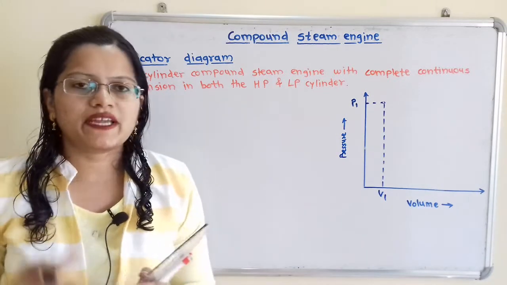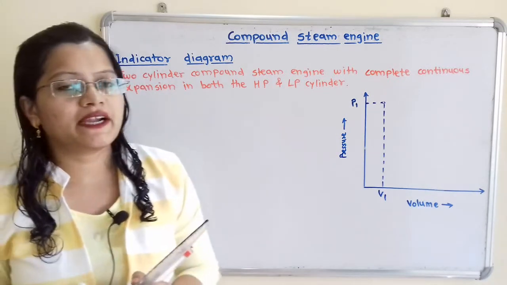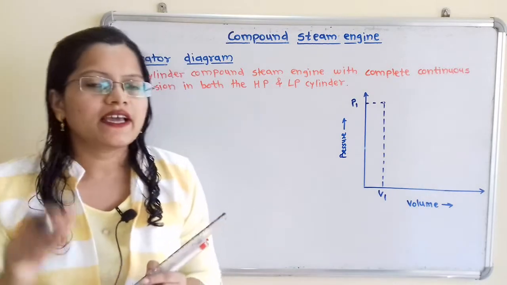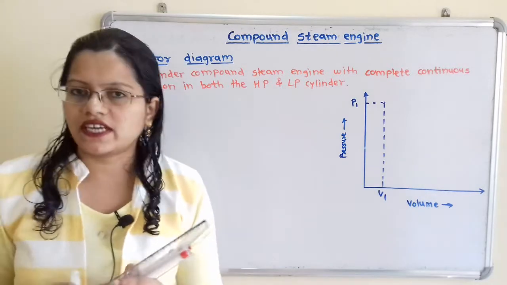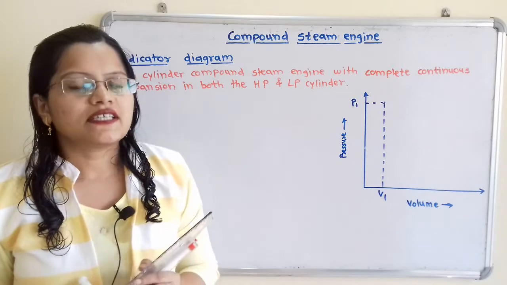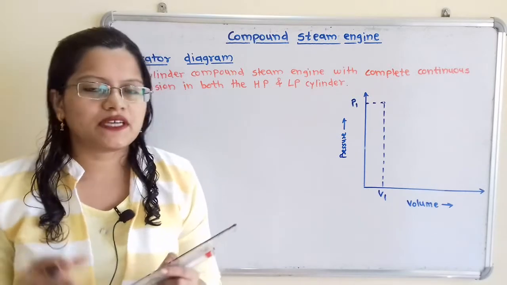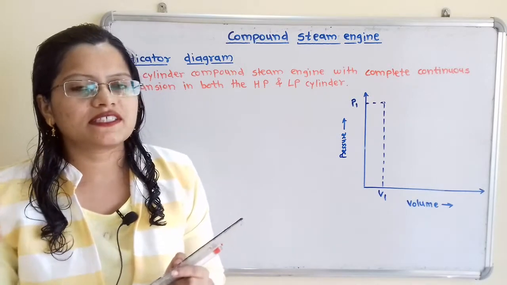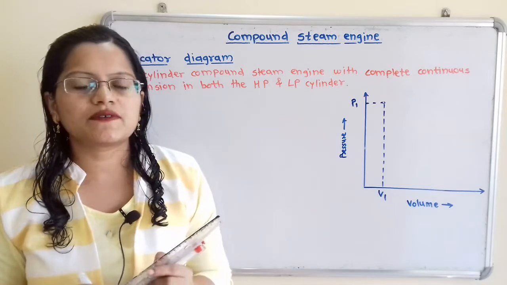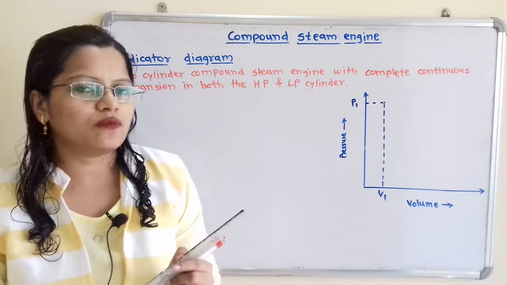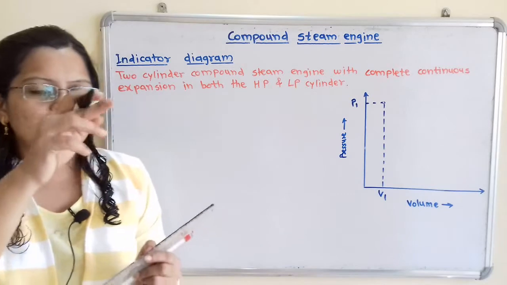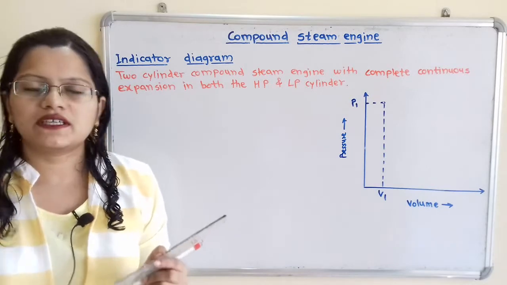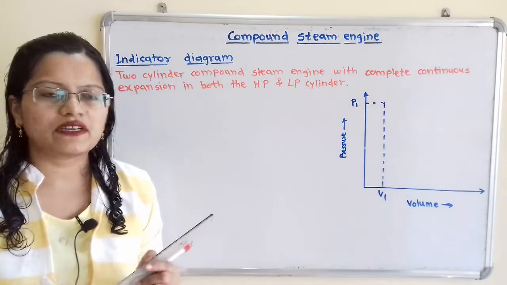As this high pressure steam enters the cylinder, the expansion process takes place, and this expansion is taking place with the law PV equals constant. That is, pressure multiplied by volume is constant. So we have to draw that curve, PV equals C. That is the given condition.